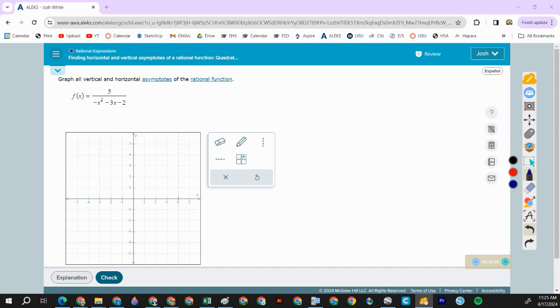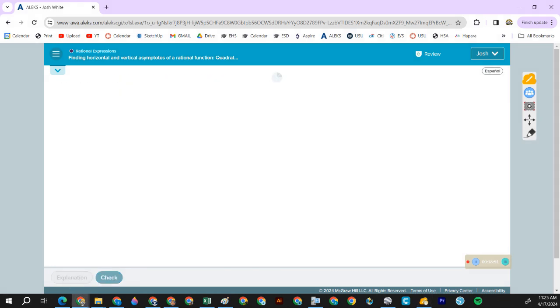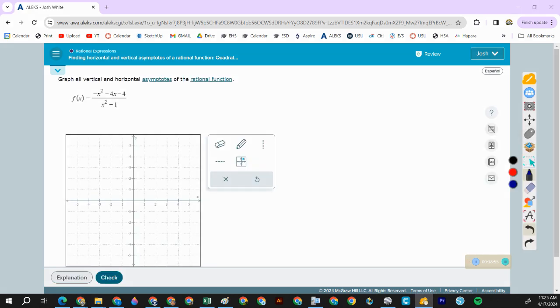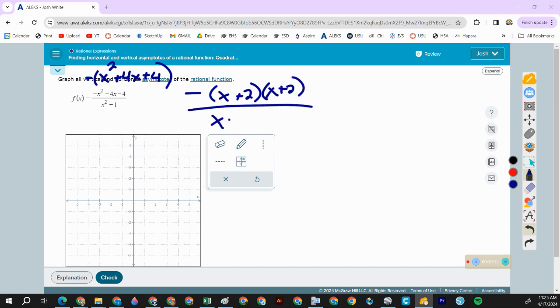And here, well, let's do another one. All we have to do are the asymptotes. So negative x squared plus 4x plus 4. So this is (x plus 2)(x plus 2). Oh, look at that. And then (x minus 1)(x plus 1).